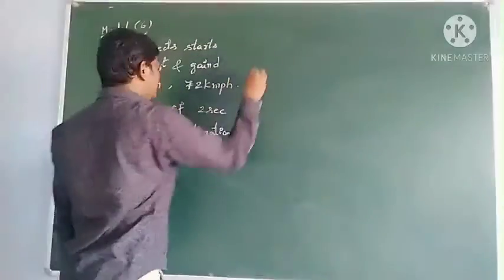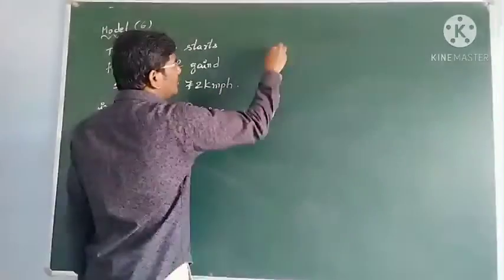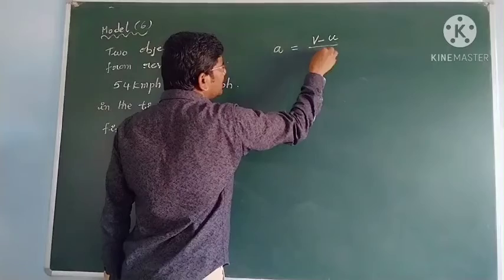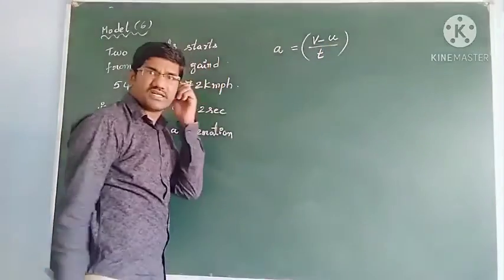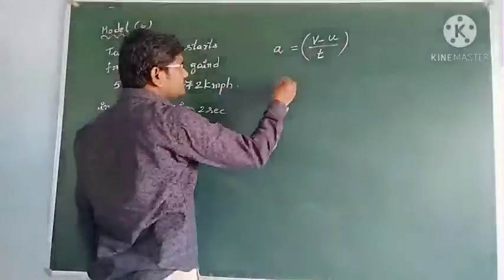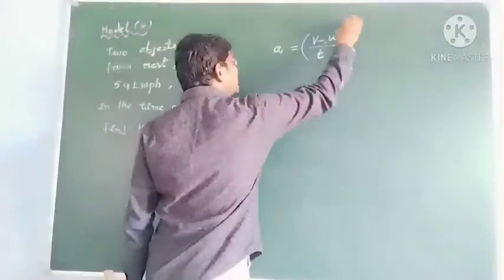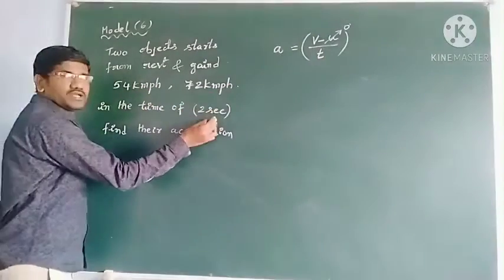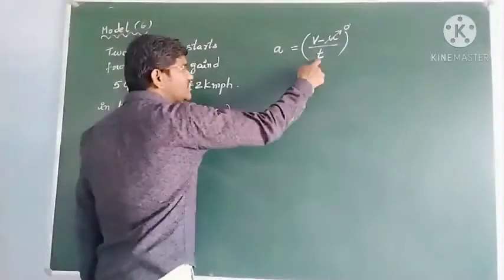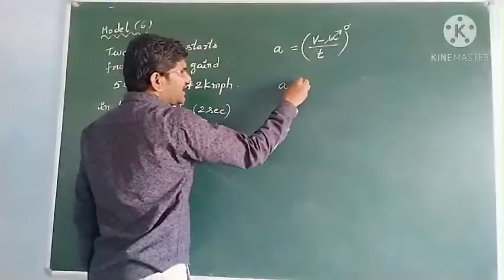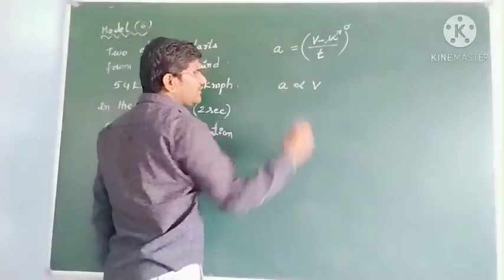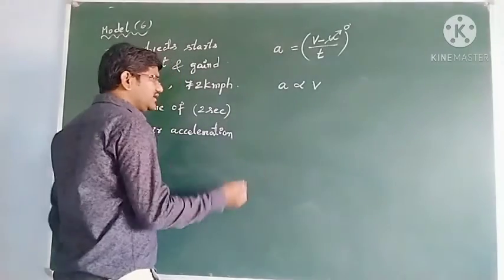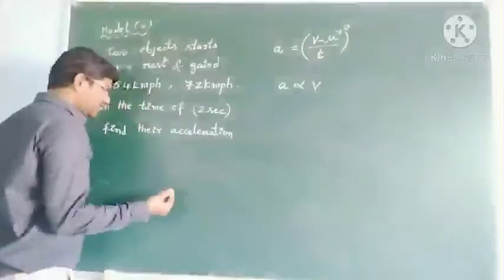We know the formula for acceleration: a is equal to v minus u by t. For both objects the initial velocity is 0 and the time interval is also the same, so it is constant. Then acceleration is directly proportional to final velocity, you can write.